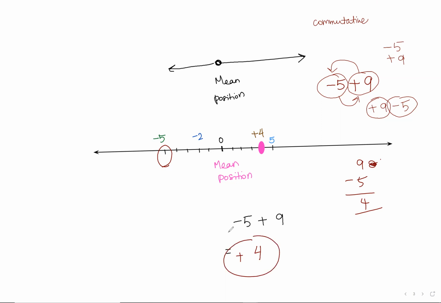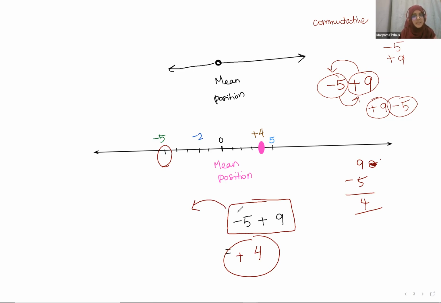Yes, that is one way of thinking about it. Hiba, a quicker way of doing this is, if the bigger number is positive, you can just swap their positions. If you say -5 and plus 9, or you say plus 9 minus 5, is it the same thing or different?